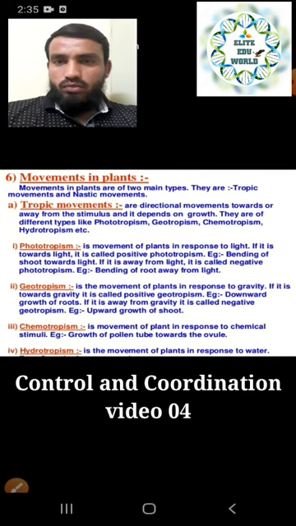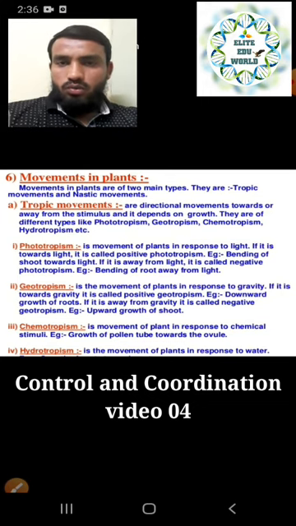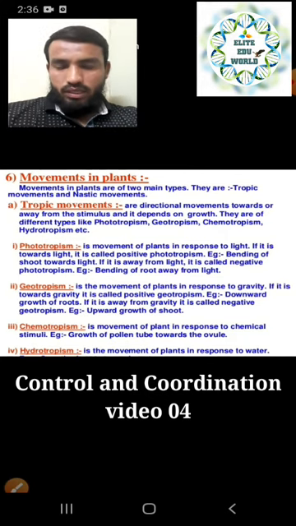The movement of the roots towards gravity is positive geotropism, and the movement of the shoots is negative, because they are moving opposite to the gravitational force. So in all the examples you have positive and negative tropism. That is geotropism, towards the gravity.